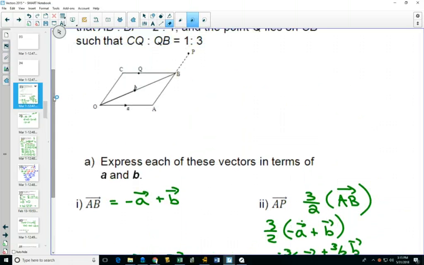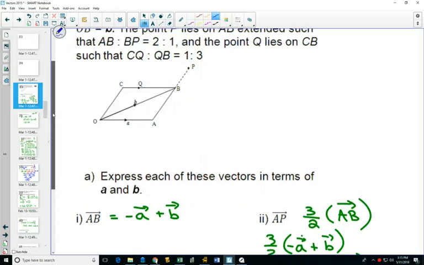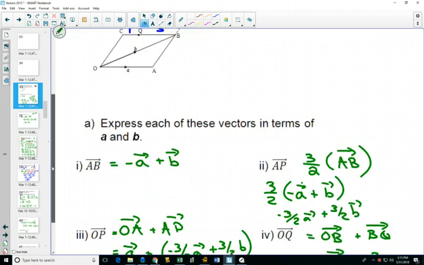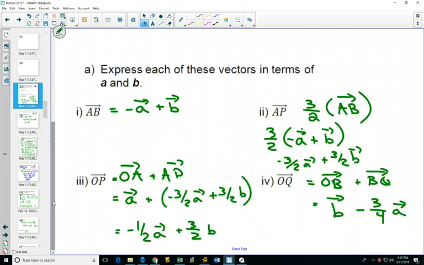B to C is parallel to A to O, and because the ratio says that CQ to QB is 1 to 3, then B to Q is 3/4 of B to C. I didn't read that. That makes sense. Thank you. Ratios. That's important.